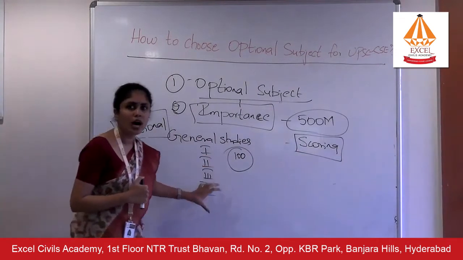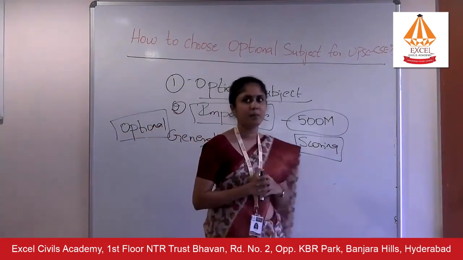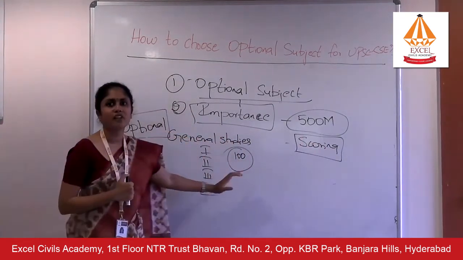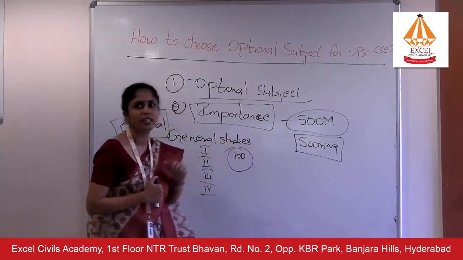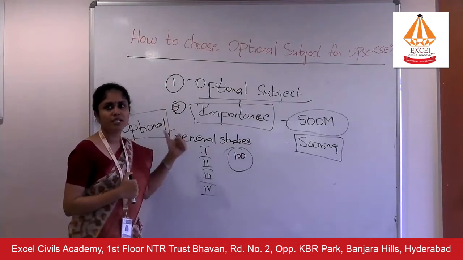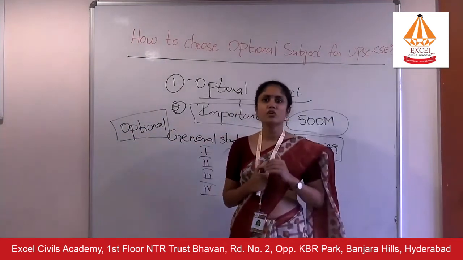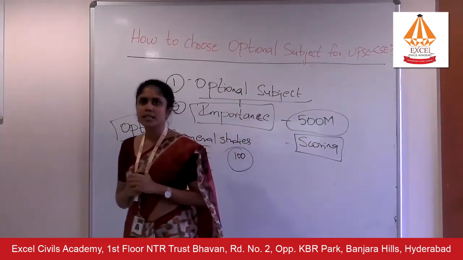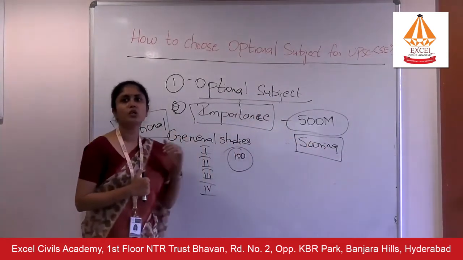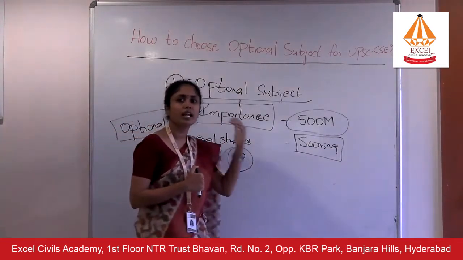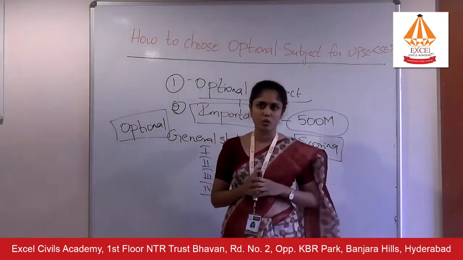No matter how hard you prepare for your general studies papers, that is paper 1, 2, 3 and 4, you will only get average marks, that is 100 to 120. But in your optional subjects, if you prepare well, if you comprehensively cover the syllabus, if you do proper answer writing practice, you have a chance of getting 150 to 160 marks in each of the optional papers, and you have a chance of getting around 320, 330 marks in your optional subject.